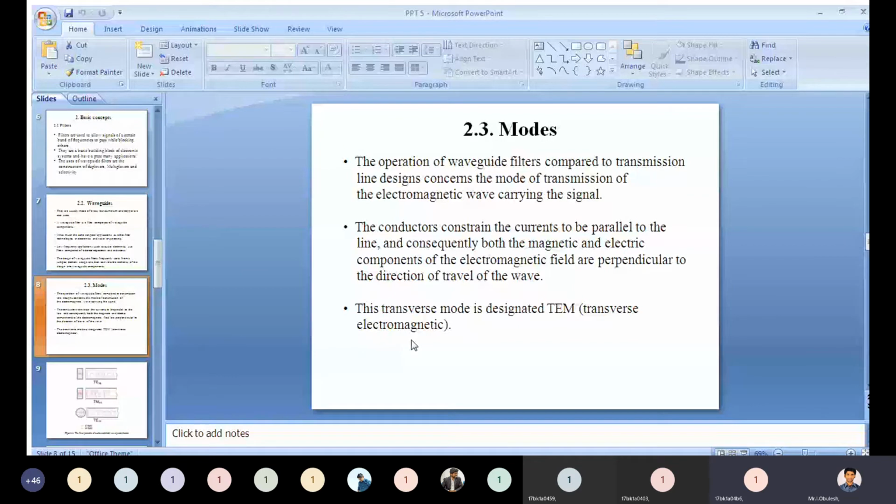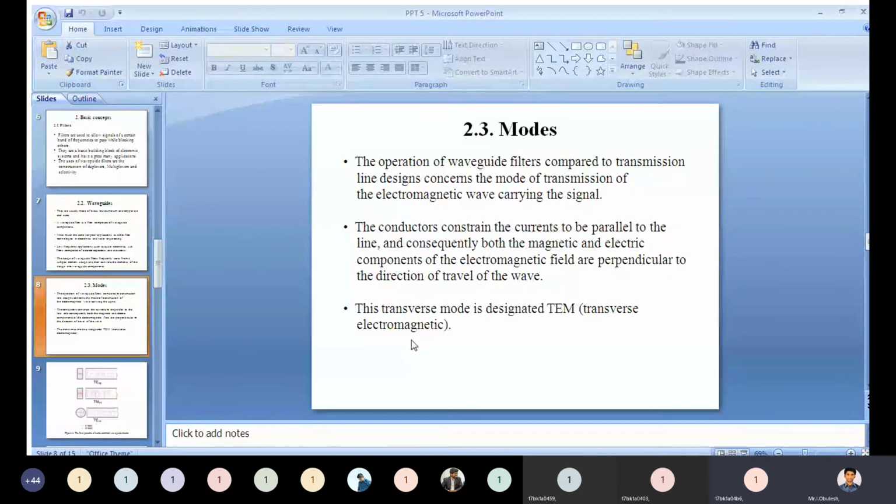The next basic concept is modes. Waveguide filters have much more in common with transmission line filters than lumped element filters.